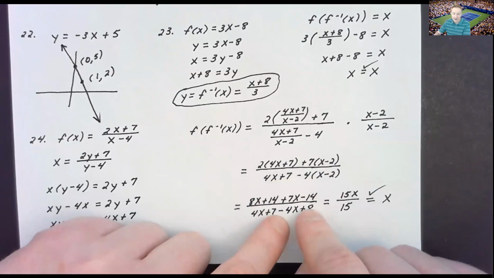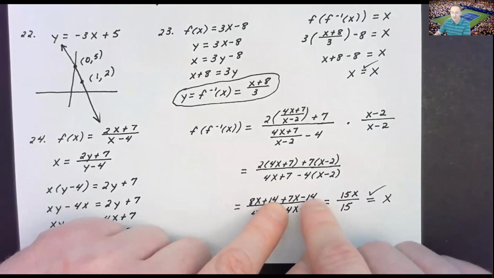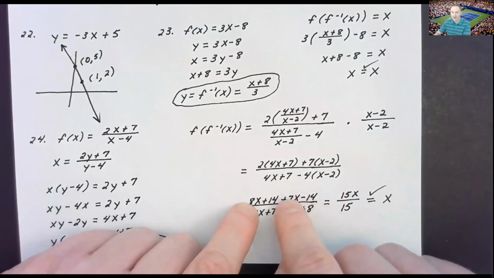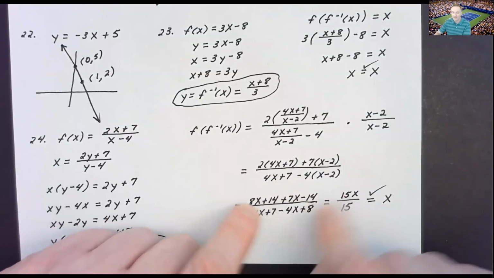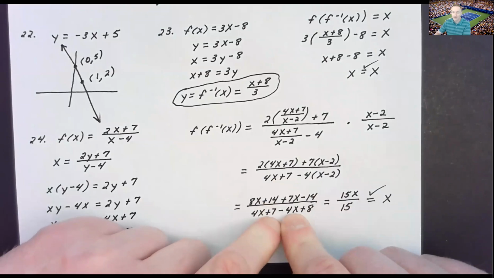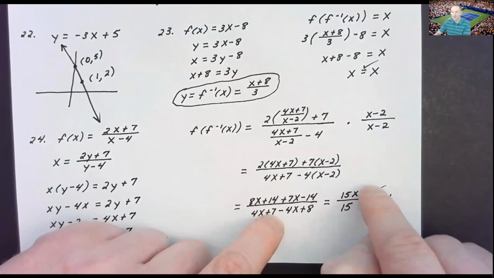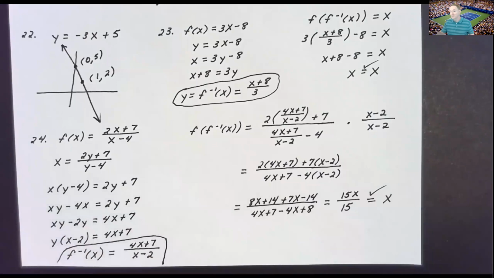Now, in this step, I know this is equal to x. And please notice, oh, it is. In your numerator, the 14s cancel and you have 8x plus 7x is 15x. In your denominator, the x terms cancel and you're left with 7 plus 8 is 15. 15x over 15 gives you x, which is excellent because that proves that your inverse is correct.